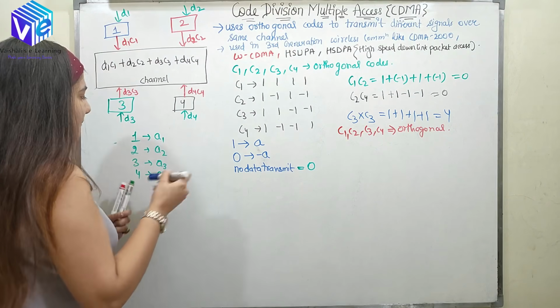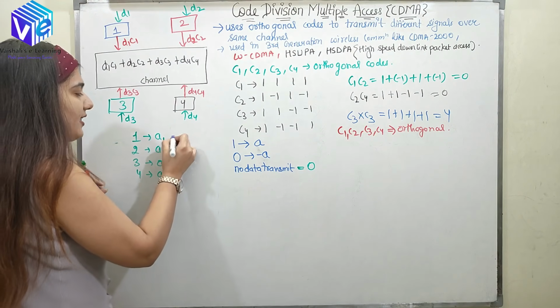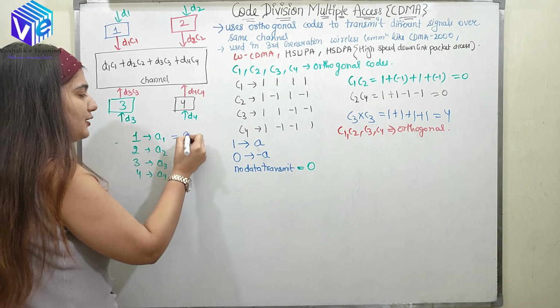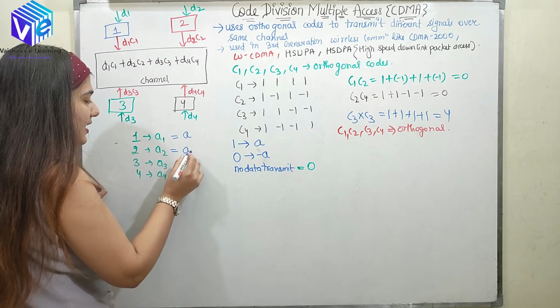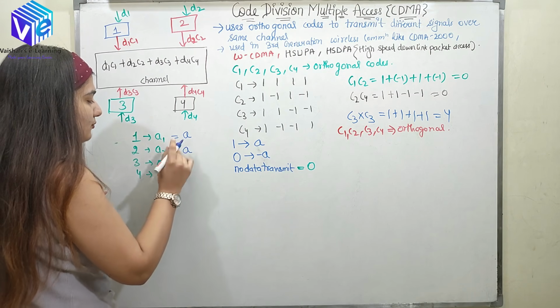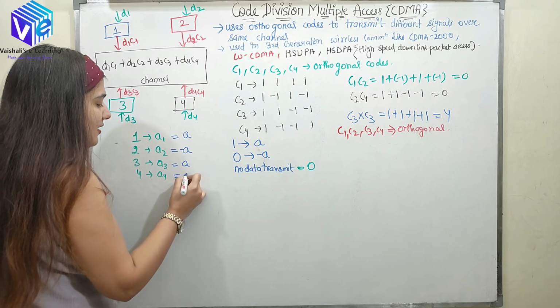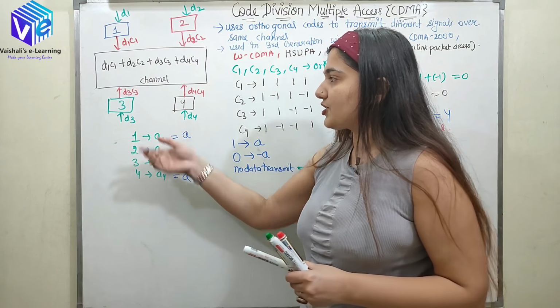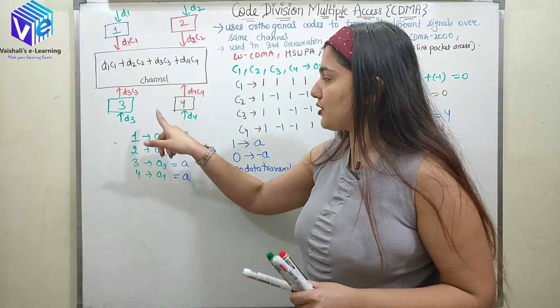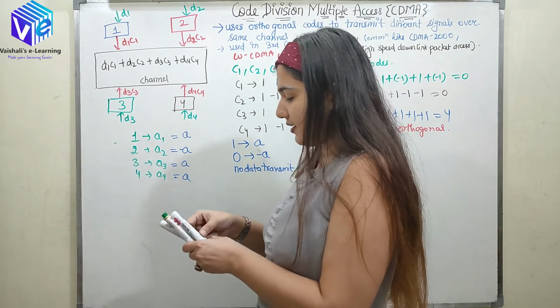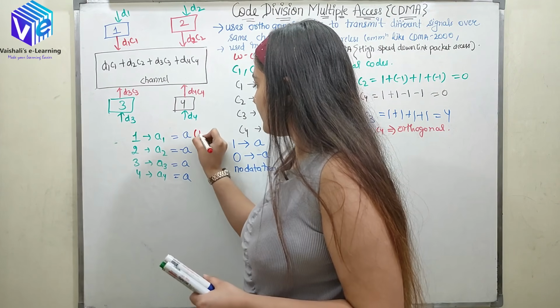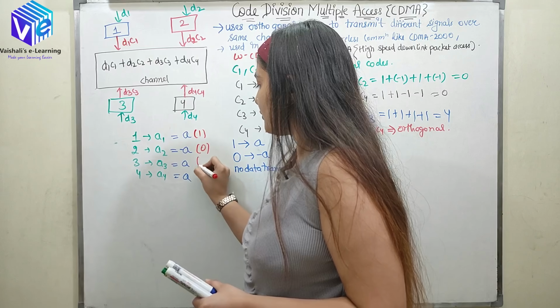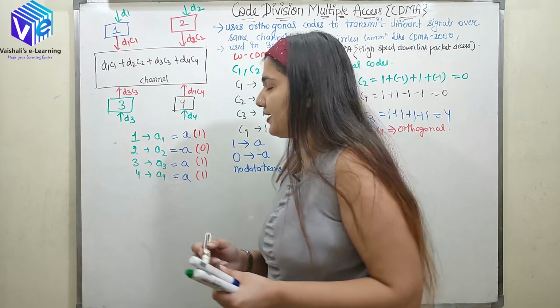Now let's suppose user 1 is providing A1 and I am choosing 1 to be A, 2 to be A, 3 to be minus A, and 4 to be A. So this is the data every user is giving. User 1 is giving A, in short A is represented by 1, minus A for 0.